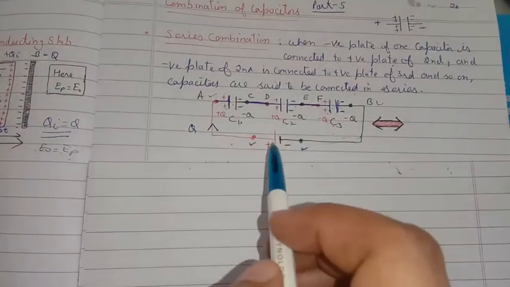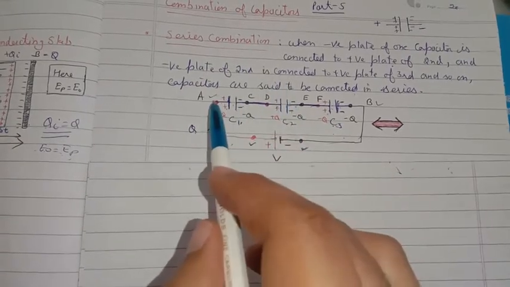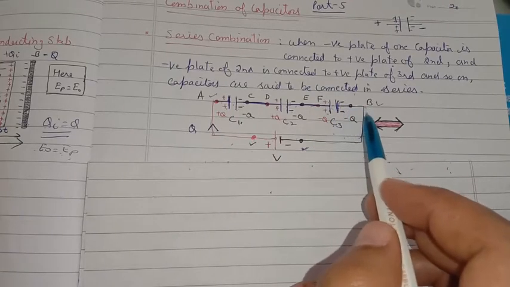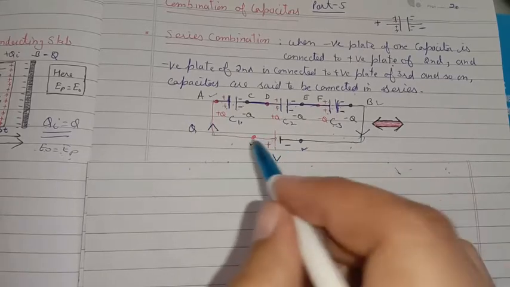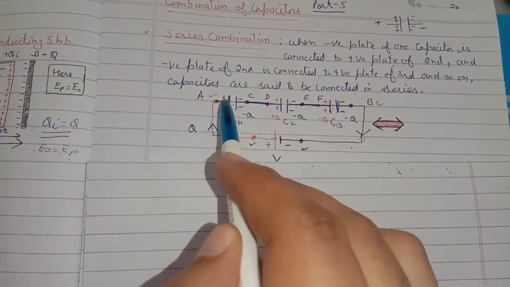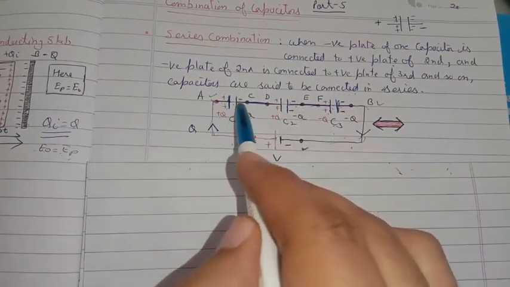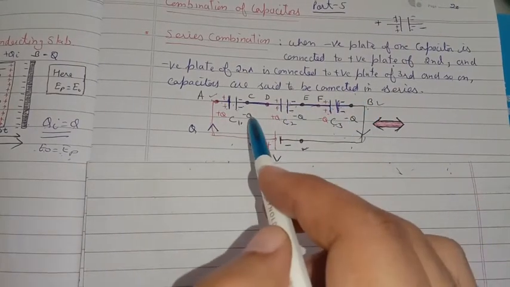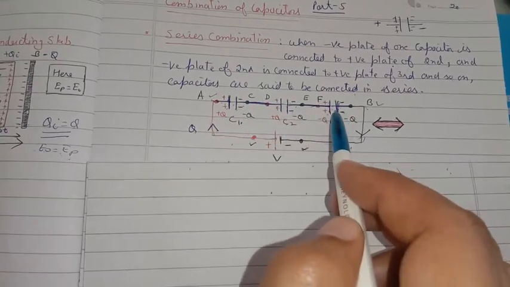In this case, the battery is transferring the charge into the circuit from point A, and the charge is leaving the circuit from point B, because there is only one single connection for the transfer of charge from A to B. There is only one single path through which charge can be transported from A to B. This means that the charge Q on each of the capacitors will be the same.